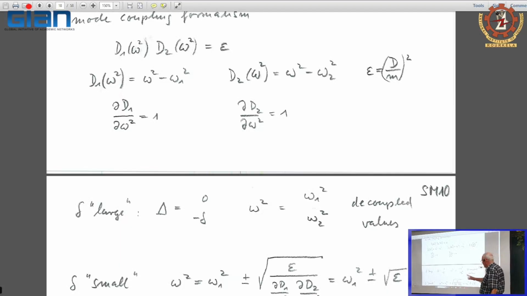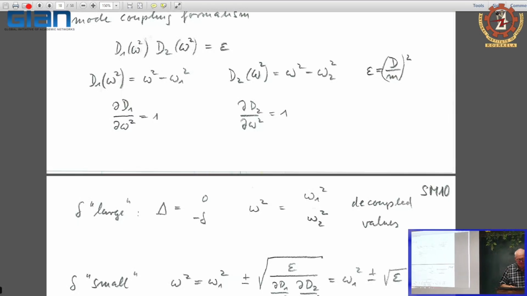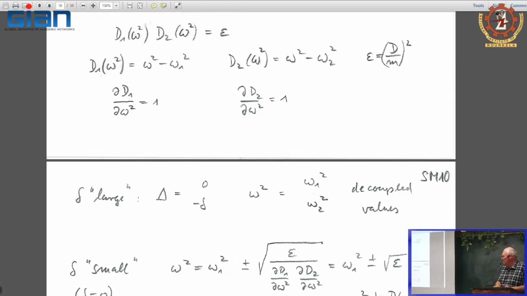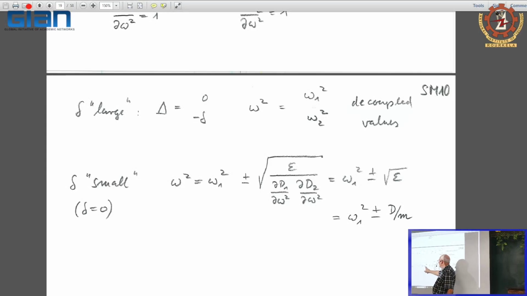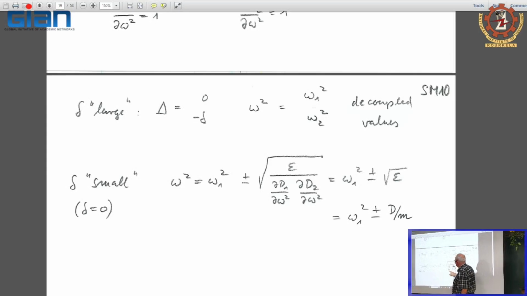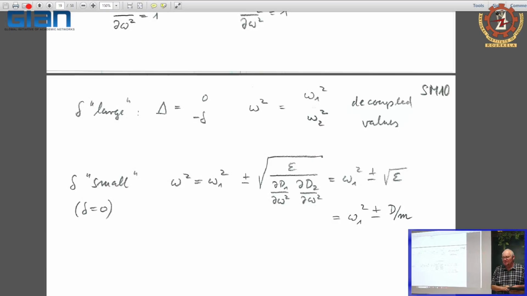If delta is small, then the coupling epsilon is significant, and we are left with omega squared equal to omega 1 squared plus the root describing the coupling.